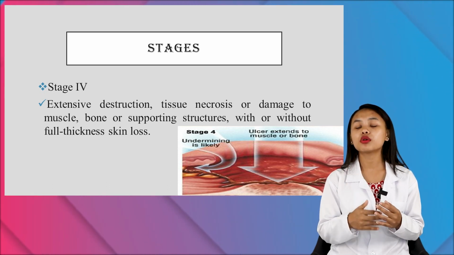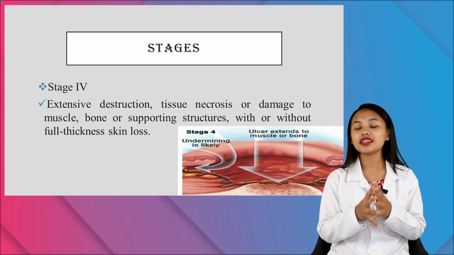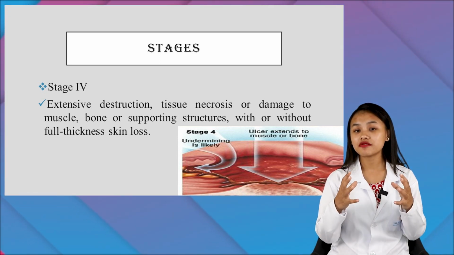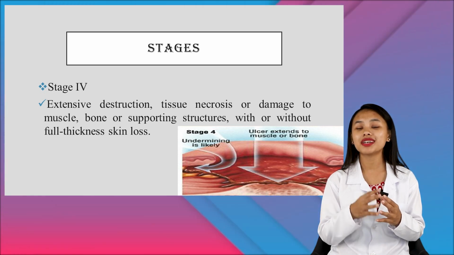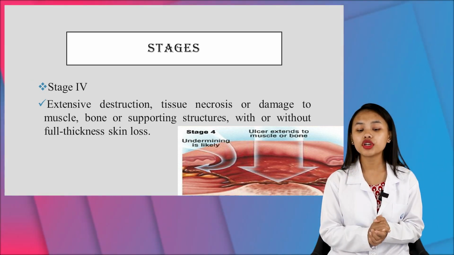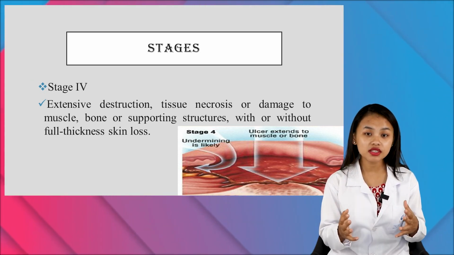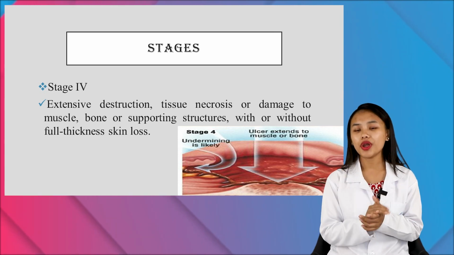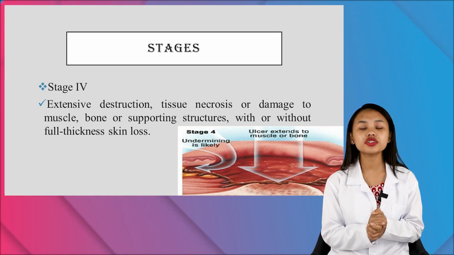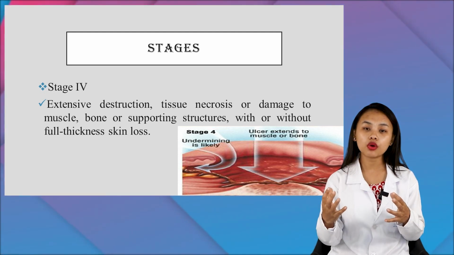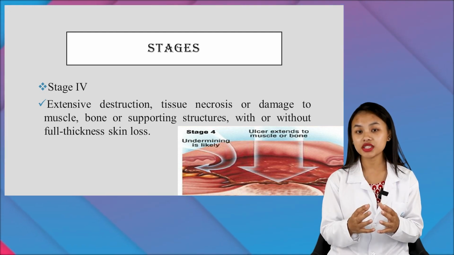When we talk about the fourth stage, then there will be an extensive destruction, there will be a damage to or necrosis of the muscles, of the bones, or any other supporting structures with or without the full thickness skin loss. So here, as we have seen that in the second stage, only the epidermis or the dermis or both can be damaged.